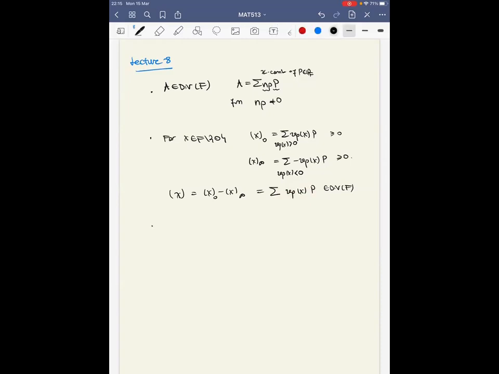And for a given divisor, we defined its associated Riemann-Roch space. And particularly, we see that it contains functions.